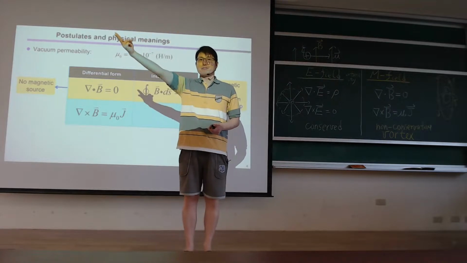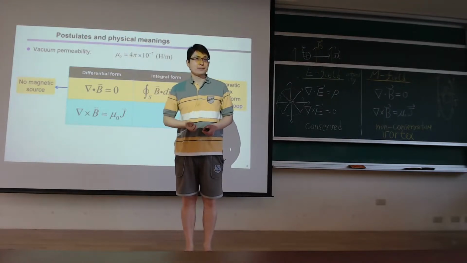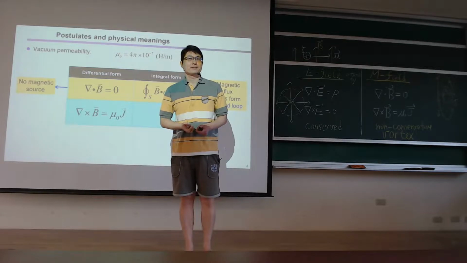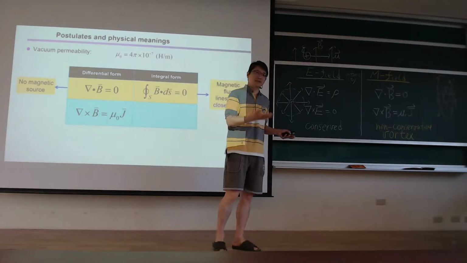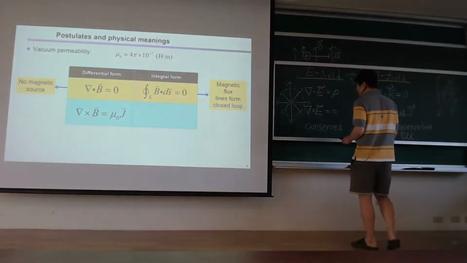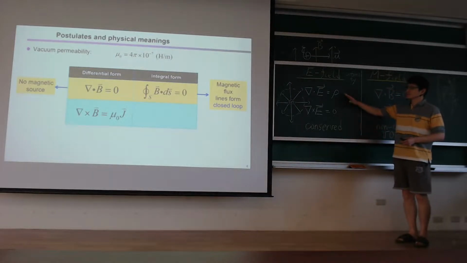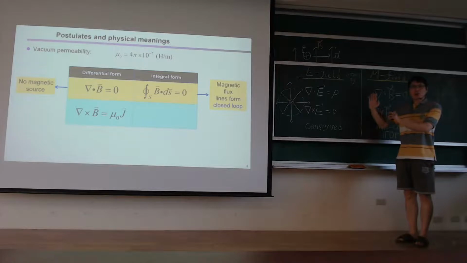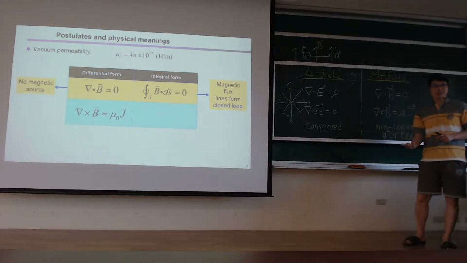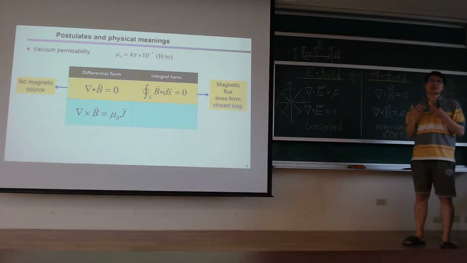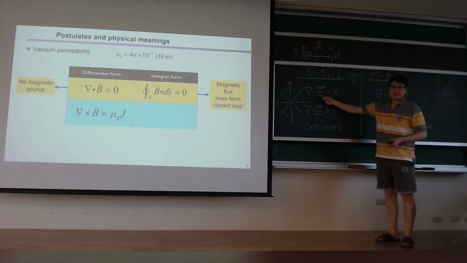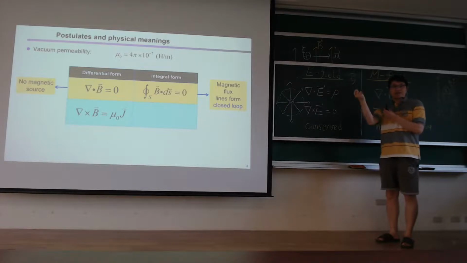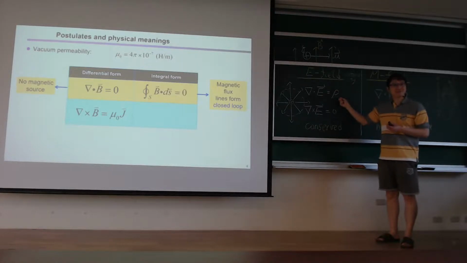There is another message. What is the second message? I invite you to come back to the blackboard. The filming crews are very overworked. For each field quantity, if we want to understand it, we want to understand its profile, its pattern, and how it is being generated. So for the E field, the reason you can have an E field is you have charge, right?